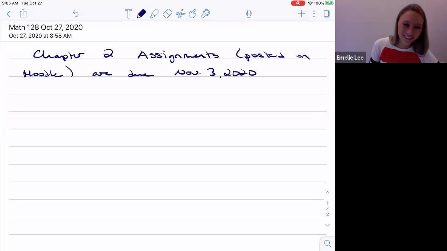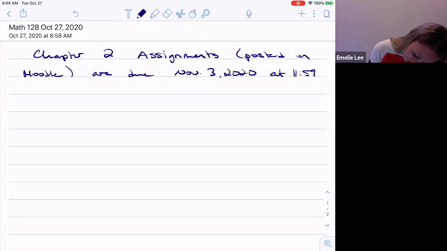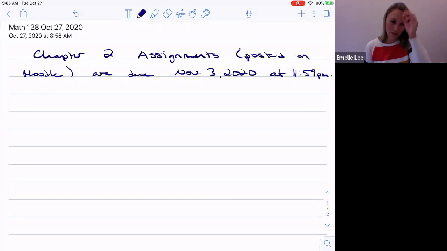This year. 11:59 p.m. So essentially midnight, but just so there's no confusion, 11:59. So that's Tuesday next week. So you've got some time to work on those. Like I said, they're very, very small, and just so we get some practice in.